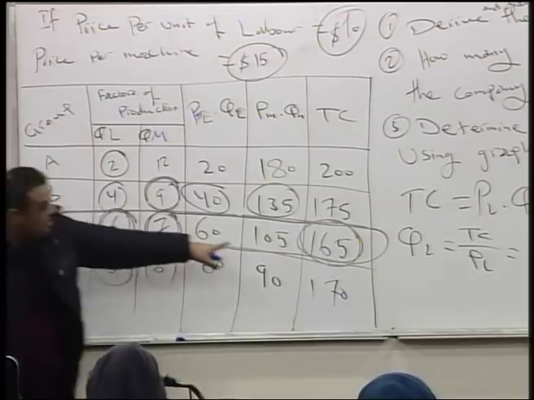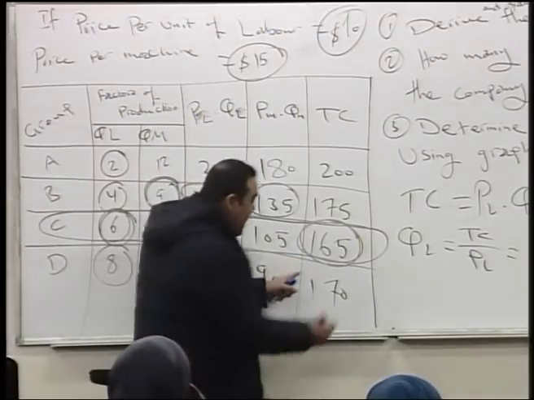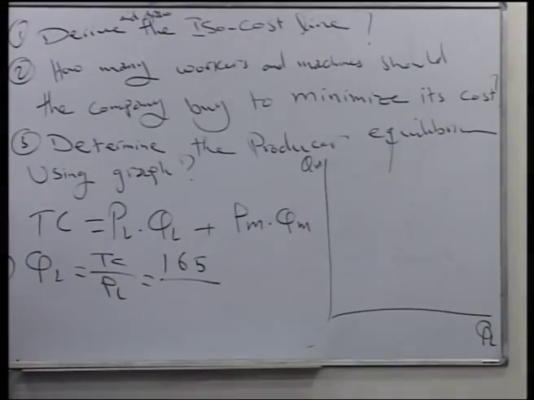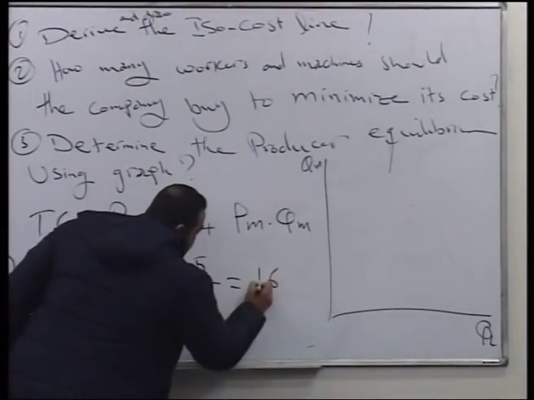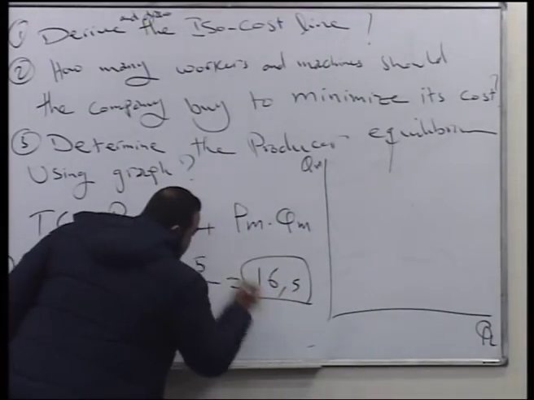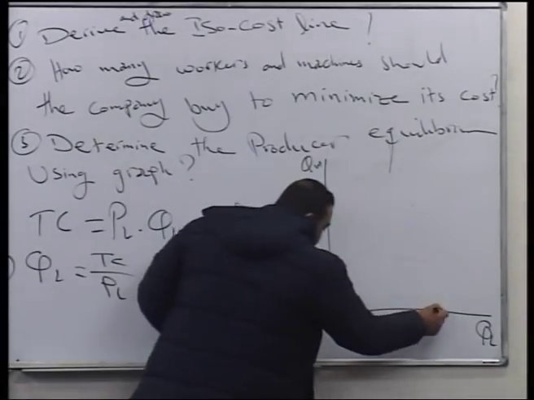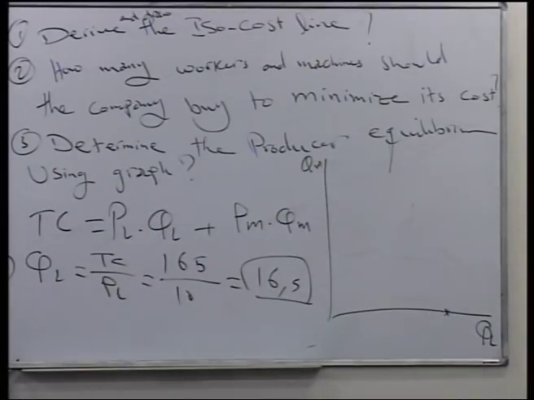Total cost is 165, the optimal one, over the price of L, 10, equals 16.5. When we use labor only, we have to use 16.5 units.